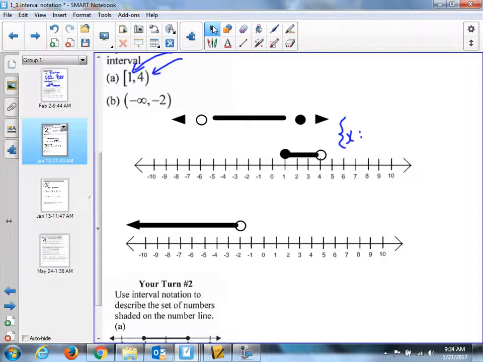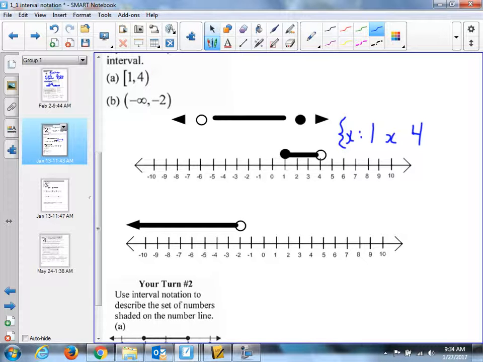Here's the way I advise you to do this. Starts at 1, goes to 4, and X values are in between this, right? Then you think, does it include 1? Yes, it does, closed dot or else square bracket, right? So I'll say less than or equal to, and the 4 is just less than, and the bracket, and there you go.